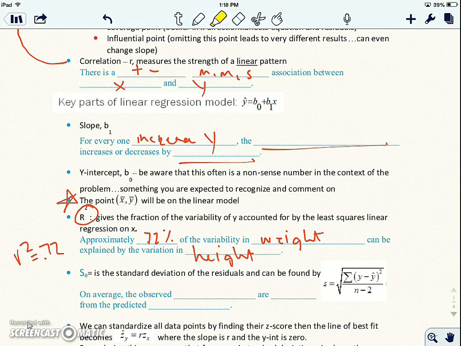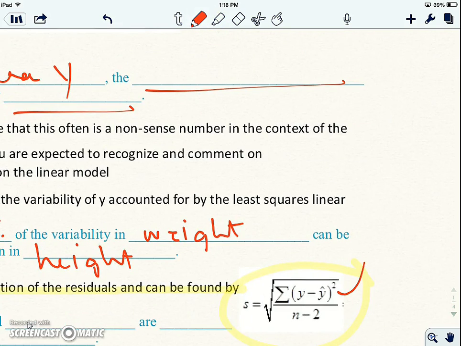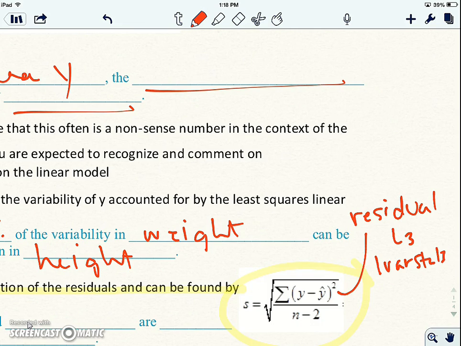We've also learned about s of e, which is the standard error, or the standard deviation of the residuals, and it can be found by this. Again, this top part here, you can find the residuals in the calculator, put them in list 3, and then do one variable stats to get the sum of the residuals.